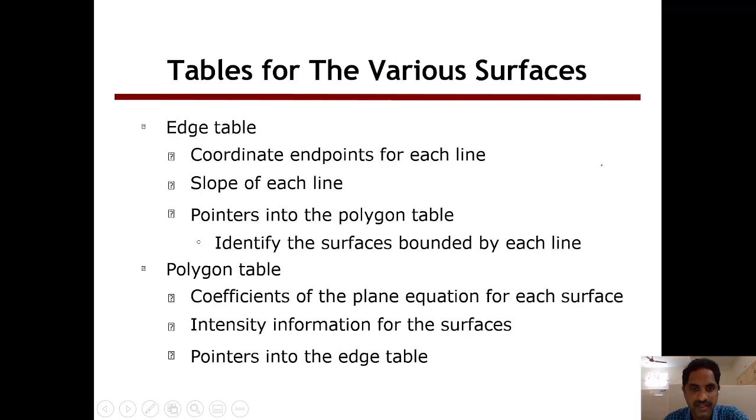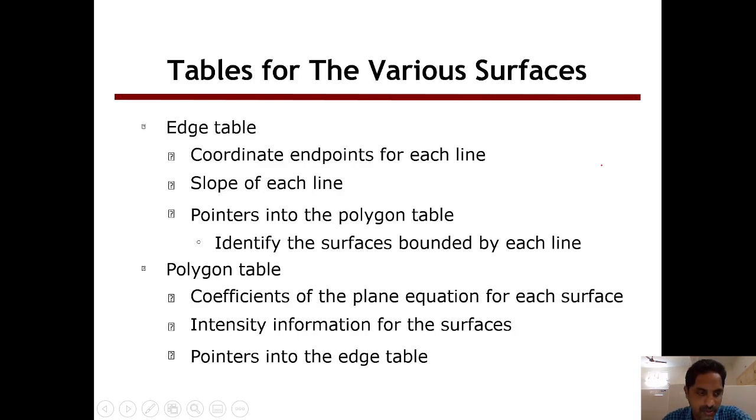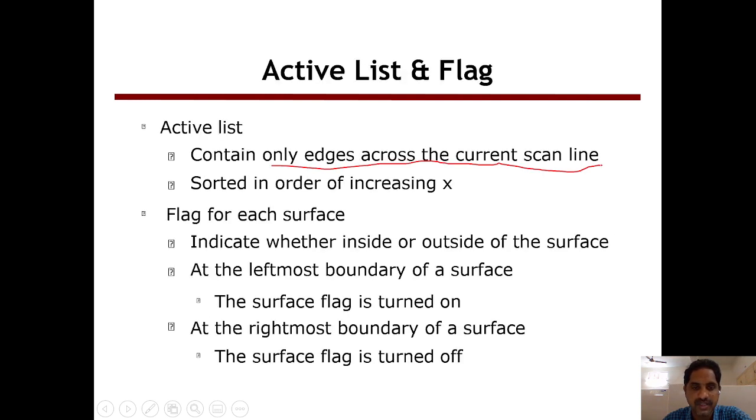We have already discussed some examples of the scanline method. In the scanline method, we mainly use three tables: the first one is the edge table, the second one is the polygon table, and the third one is the active list table.